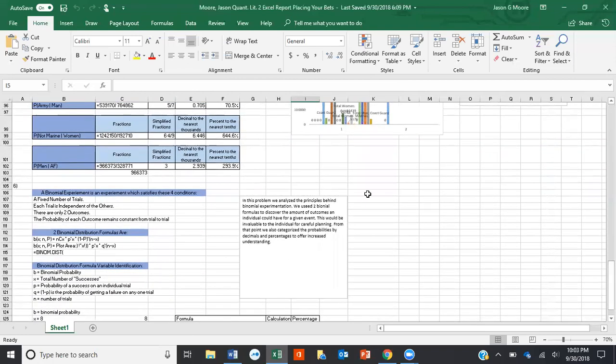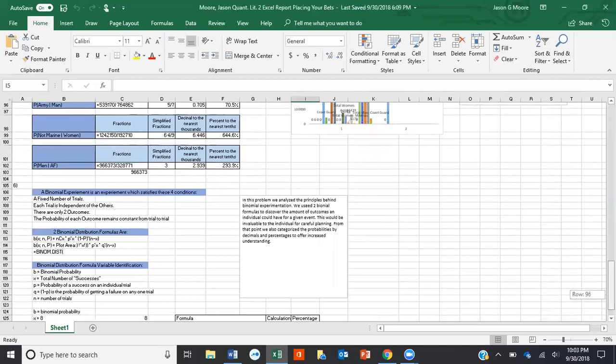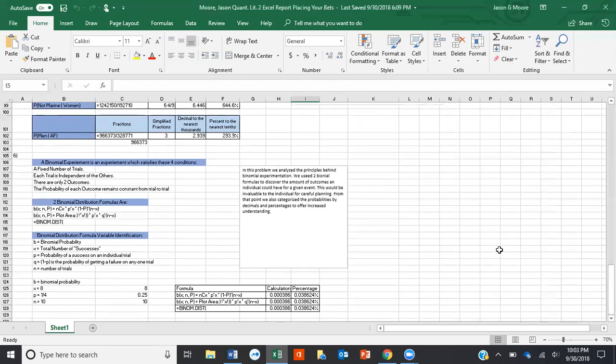And lastly, we did that with men who were also in the Air Force, and we came out to about 293.9%, I believe.